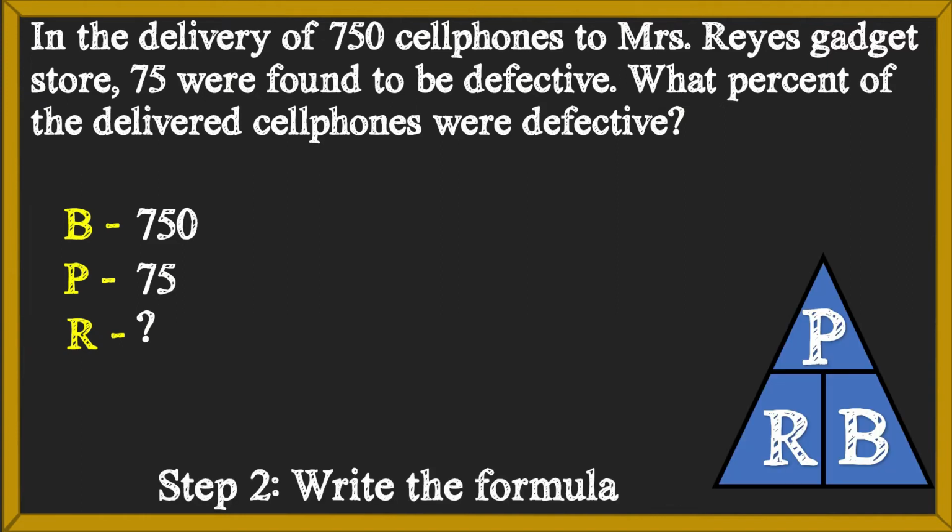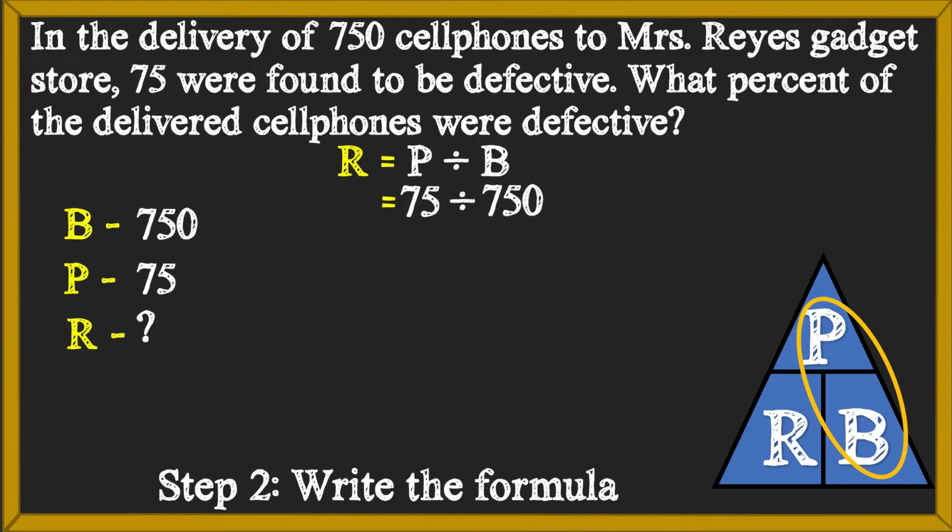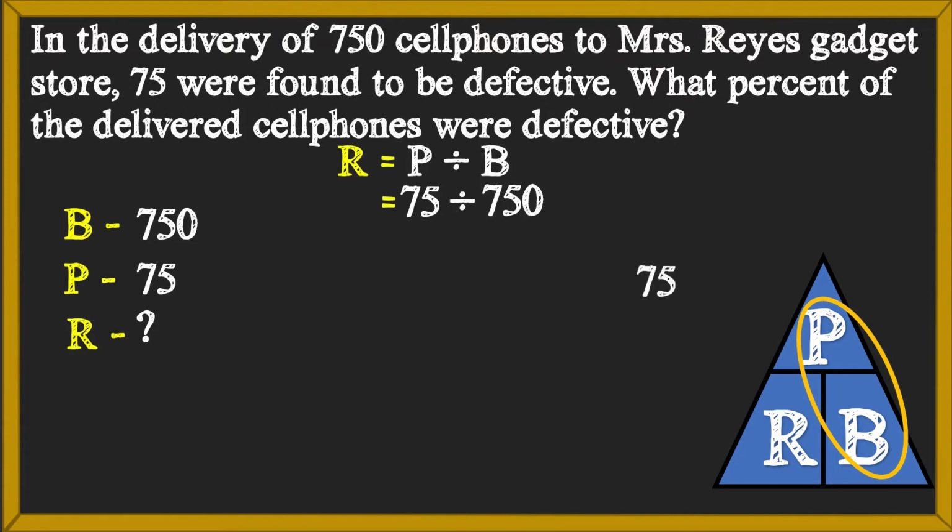So let us now write the formula. R is equals to P divided by B. Substitute the given. 75 divided by 750. Let's divide.